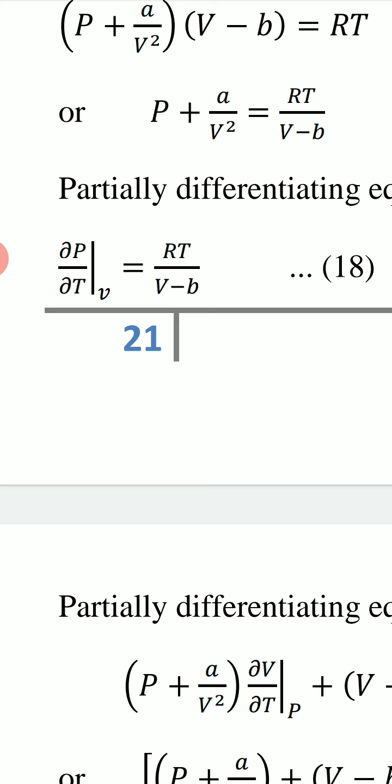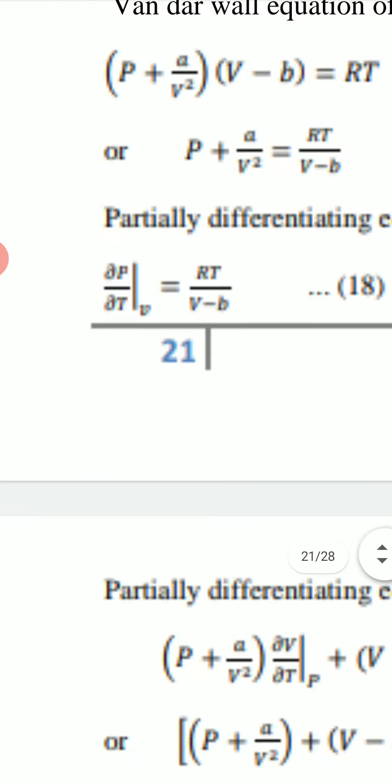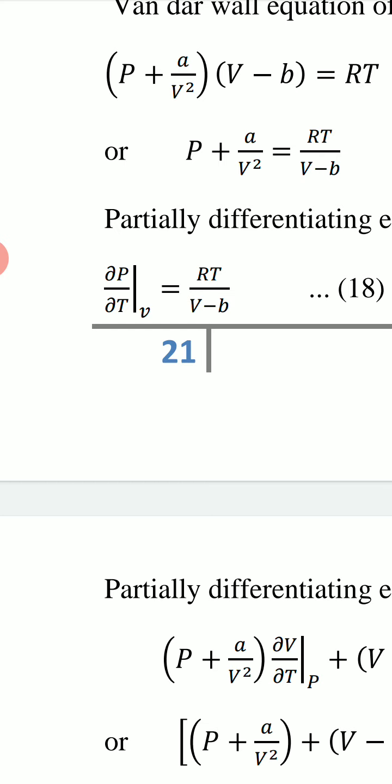V is constant, so the partial differentiation of the second term on the left hand side is 0. And partial differentiation of the first term is ∂P/∂T at constant V, and it is equal to R upon V minus b. This is one of the partial differentiations which we want.